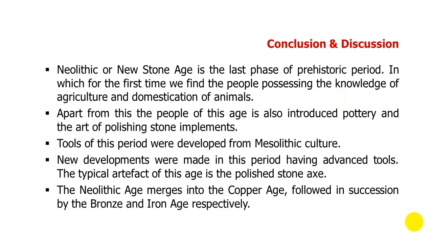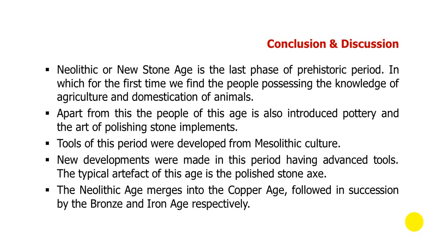Conclusion and discussion. Neolithic or New Stone Age is the last phase of the prehistoric period in which for the first time we find people possessing the knowledge of agriculture and domestication of animals. Apart from this, the people of this age also introduced pottery and the art of polishing stone implements.